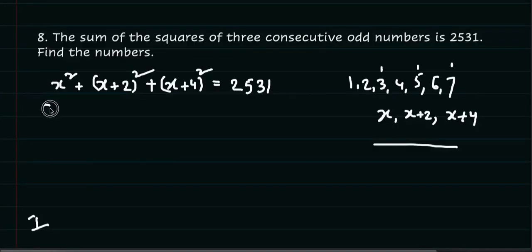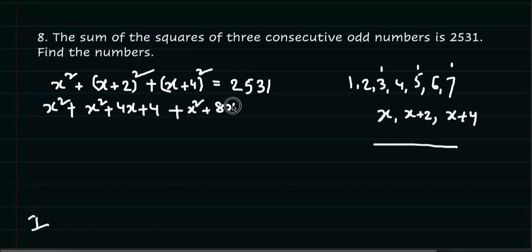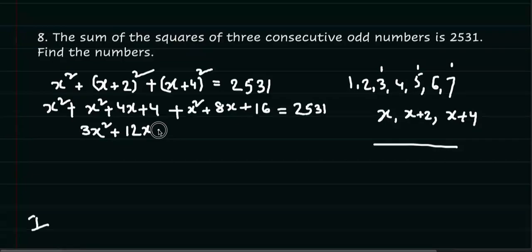So now this becomes the a plus b whole square formula. x square plus 8x plus 16 equals 2531. 3x square plus 4x, 8x, 12x plus 20. So you can do one thing, negative 20: 2531 minus 20 is how much?